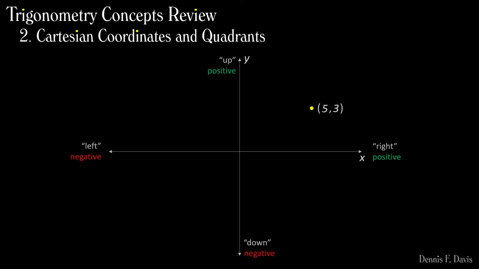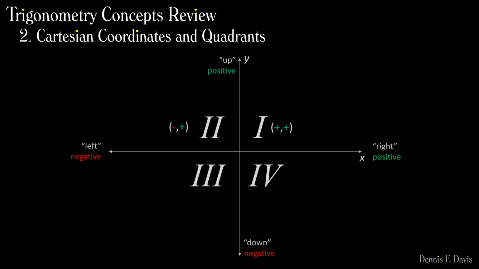The axes divide the plane into 4 quadrants, labeled with Roman numerals like this. All of the points in quadrant 1 have a positive x-coordinate and a positive y-coordinate. In quadrant 2, the x-coordinate is negative, but the y-coordinate is still positive. For points in quadrant 3, both x and y coordinates are negative. And in quadrant 4, the x-coordinate is positive and the y-coordinate is negative.